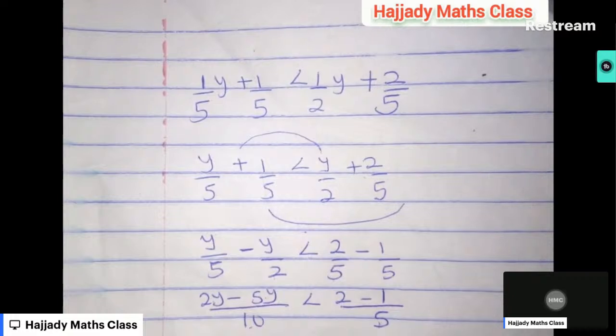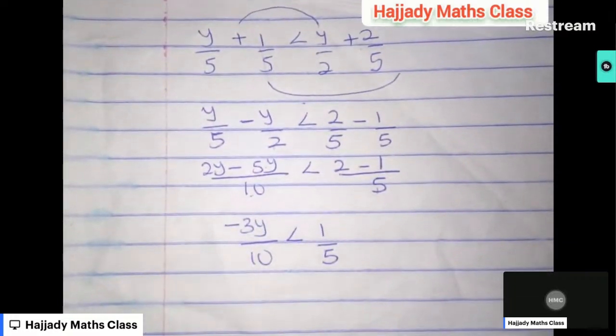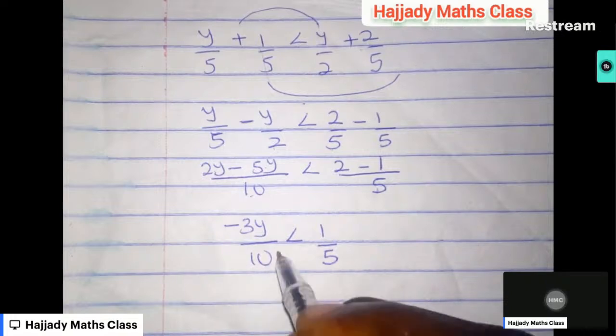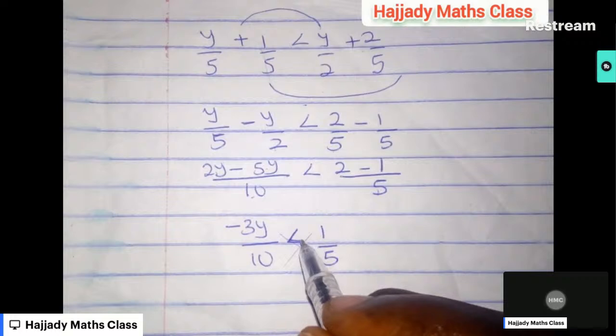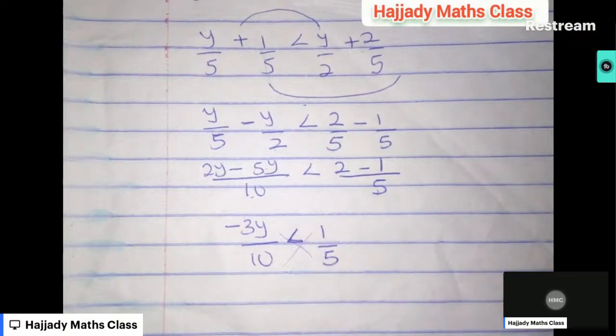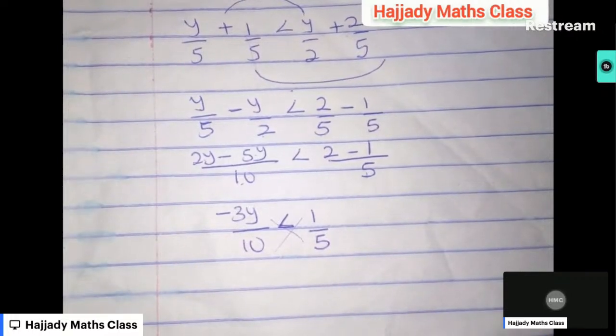So the next thing for me to do is to cross multiply. By cross multiplying, we are going to treat this less than sign as equals to. So the same rule will be applicable, just that there are some changes that will be made.